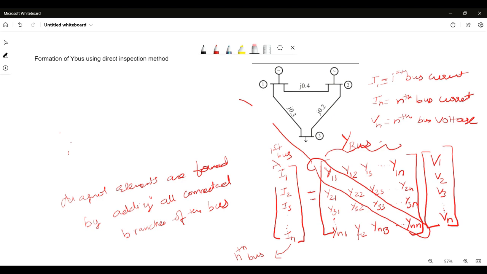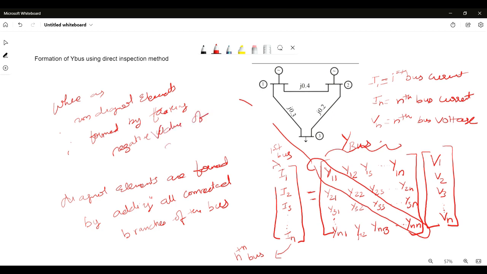The non-diagonal elements are formed by taking the negative values of the admittances.